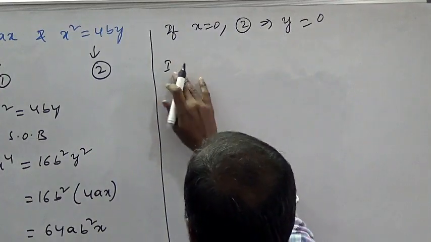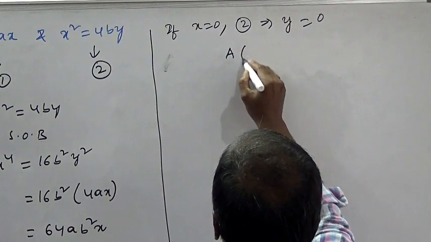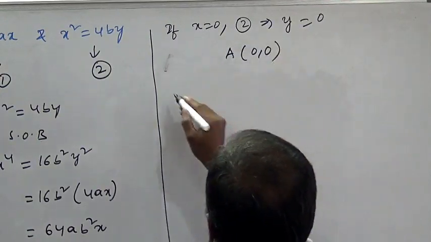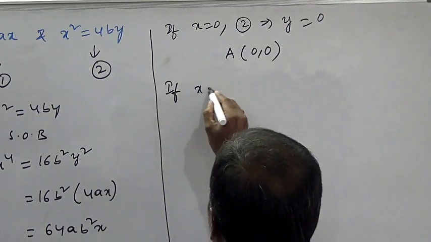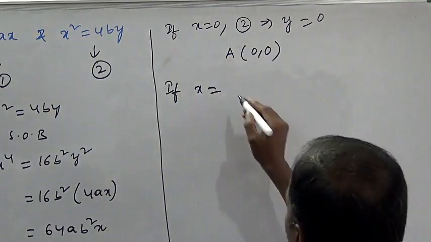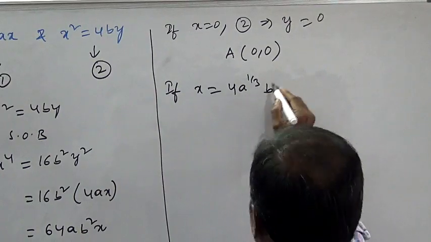Then what is the point? Here the point is, let it be some point A, (0, 0).